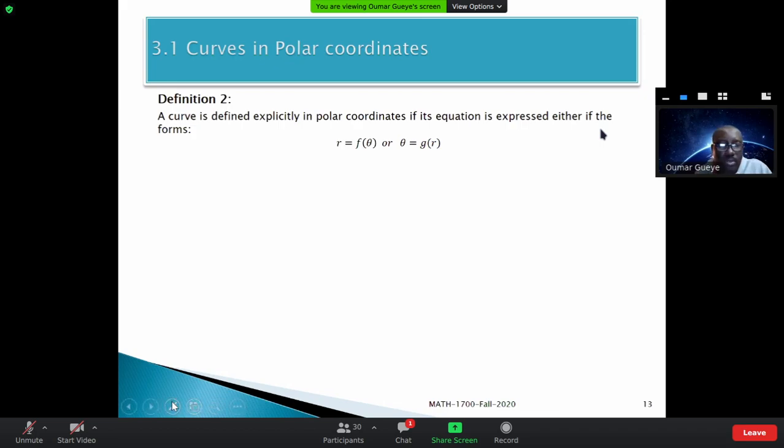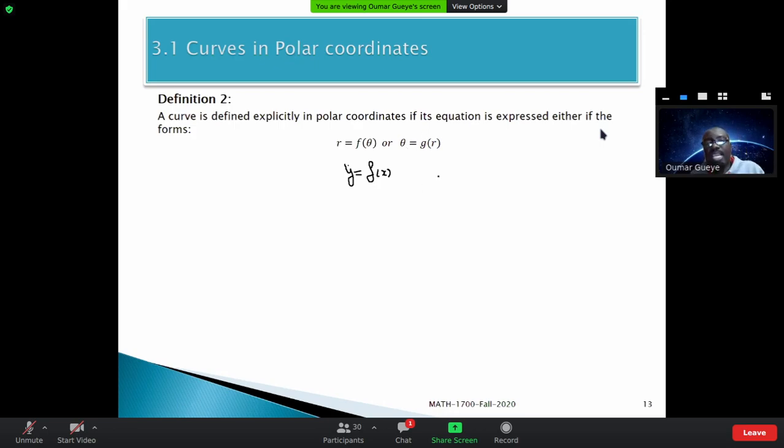When you define the curve of a function, it's going to be y equal to f of x. We just use similar notation, but instead of y and x, here it is going to be r and theta. So we will get r as a function of theta, or sometimes theta as a function of r.